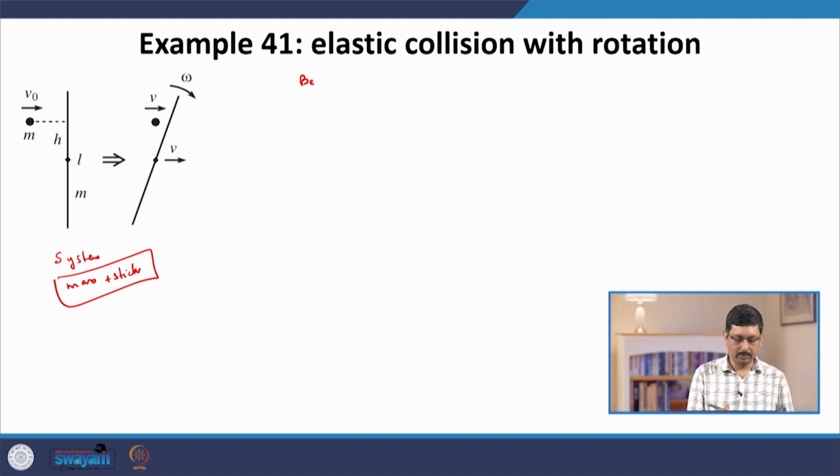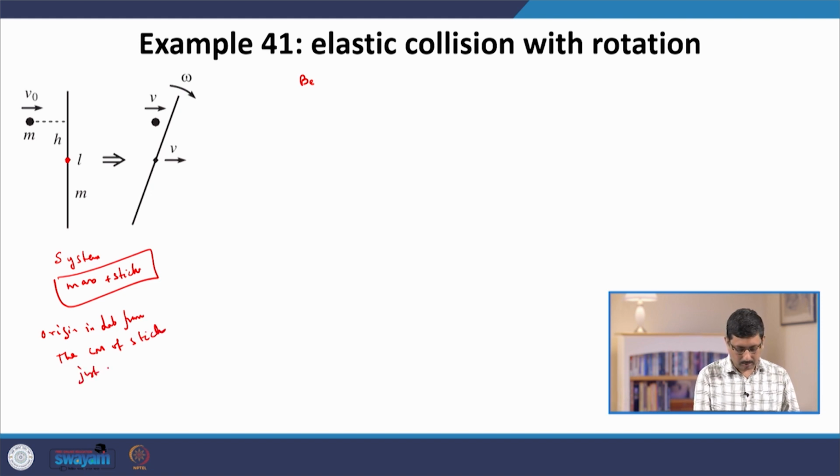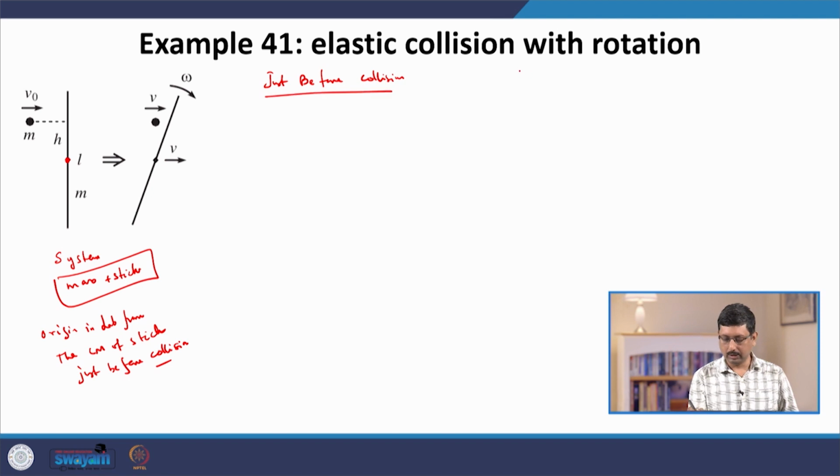So, in our laboratory frame of reference, let us take this point as the origin, which is the CM of the stick just before collision. Then we consider before collision, that is just before collision, and just after collision.